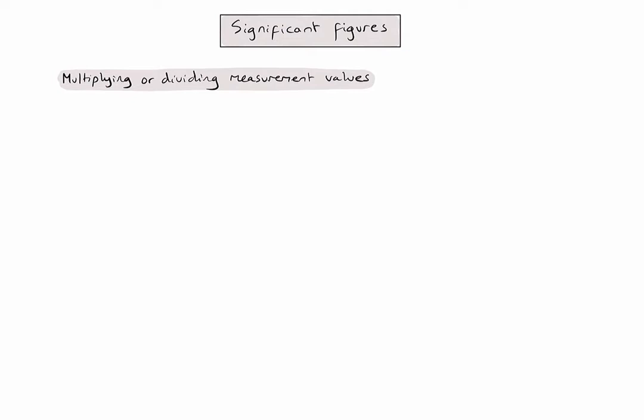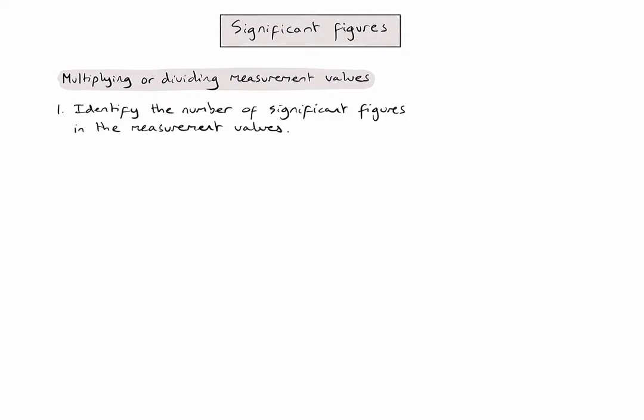The first step is simply to identify the number of significant figures in the measurement values you're using. And secondly, similar to how we use this in decimal places, we need to apply the smallest number of significant figures in my values and apply that to my calculated answer.